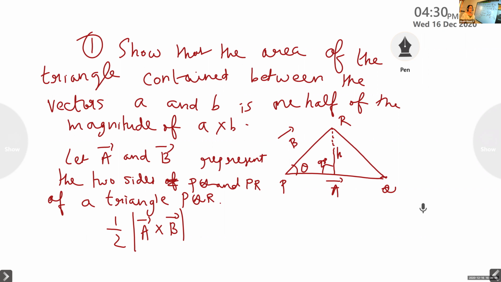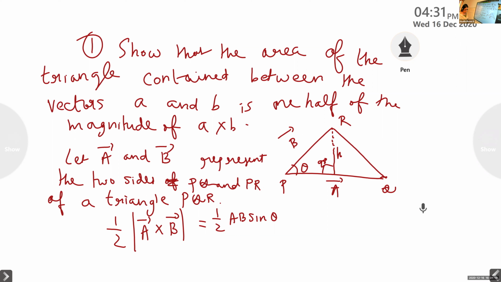So we are writing modulus of A cross B, it means we are taking the magnitude. We know that in cross product, A cross B actually is equal to AB sine theta. So half AB sine theta. What we are going to do is get the value of B sine theta. Already A you know, A is equal to the base.